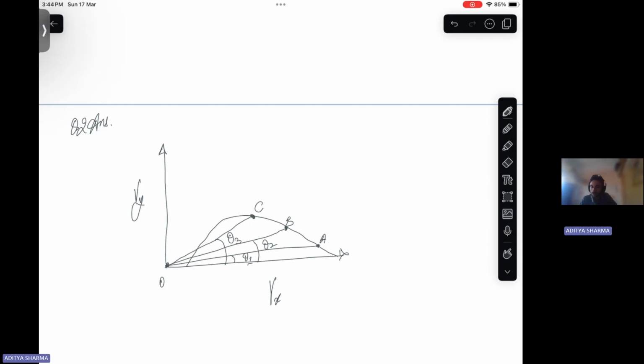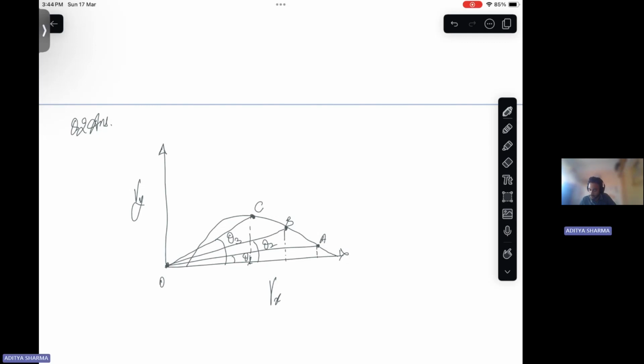If you see the x velocity components of all these three cases, for the A case, and then for the B case, and then for the C case.